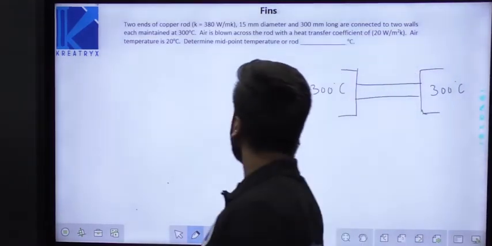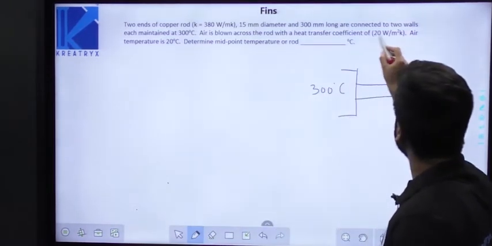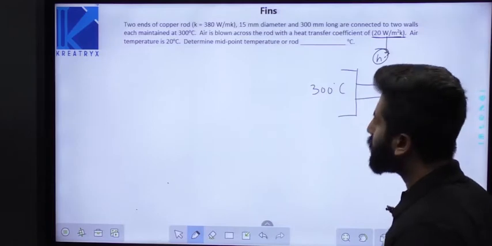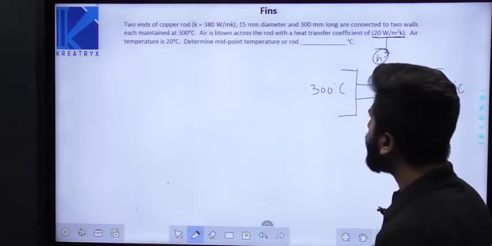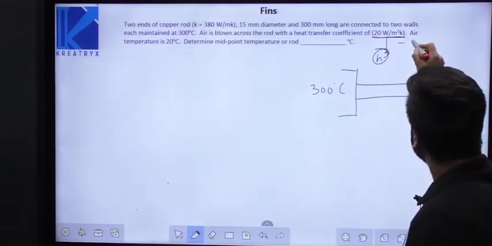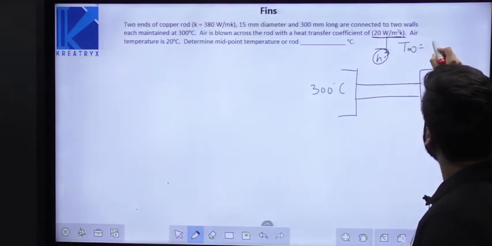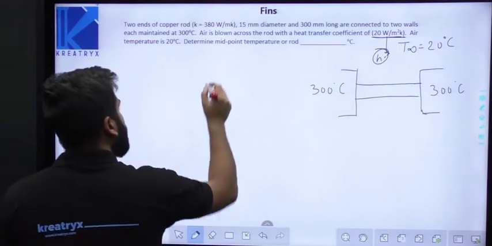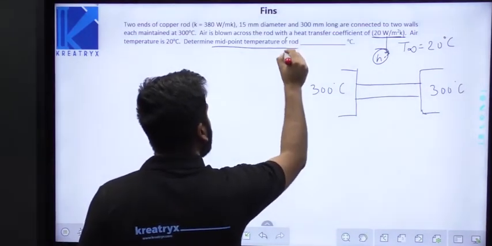Air is blown across the rod with a heat transfer coefficient h of 20 watt per meter square Kelvin. Air temperature is 20 degrees Celsius. That is, T infinity is 20 degrees Celsius. What you have to find is the midpoint temperature of the rod.